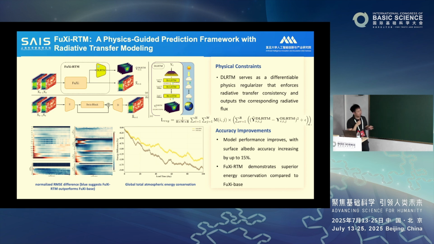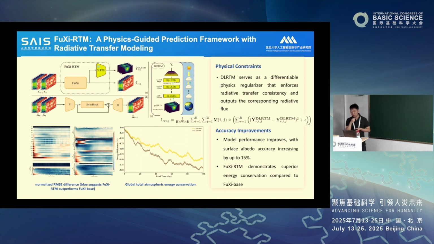See the left bottom figure. The blue color suggests better performance after we incorporate these radiation schemes, especially for the surface albedo, which is very much related to the radiation. The performance improvement is up to 15%.